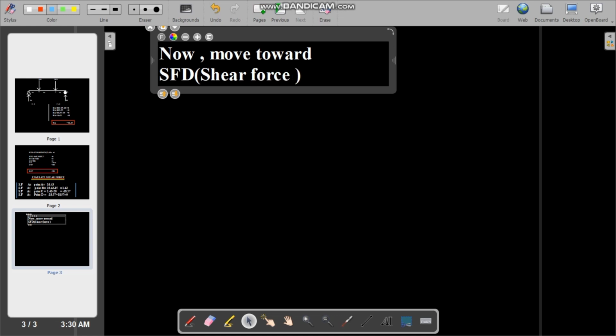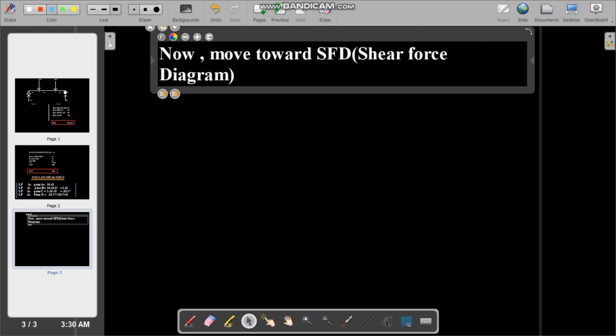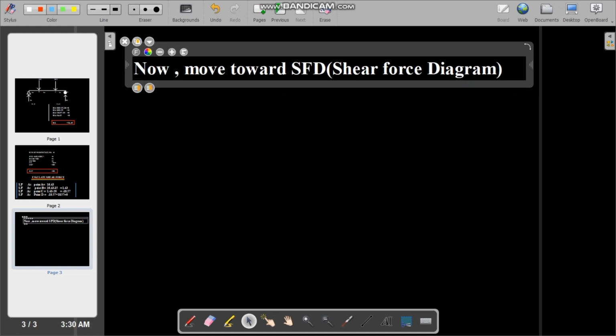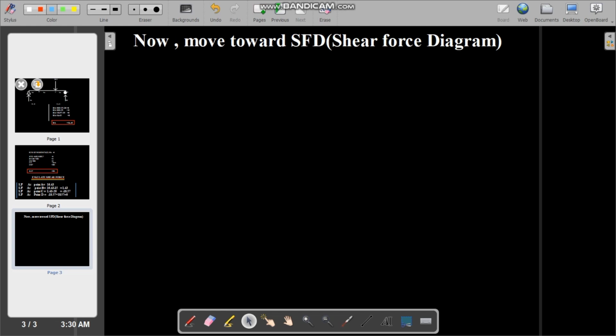So we are moving toward the shear force diagram. By seeing the values and evaluating the process, like the shear force at points A, B, C, and D, the values we got, we have to apply them on a diagram here.